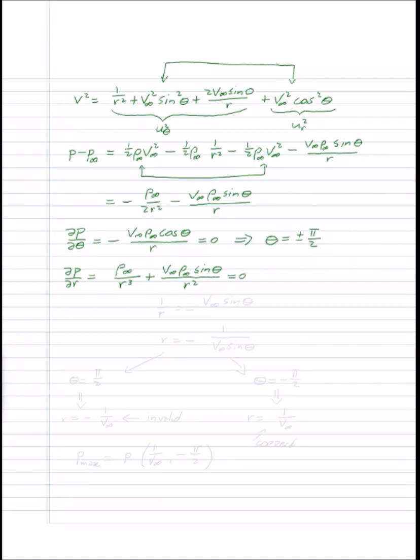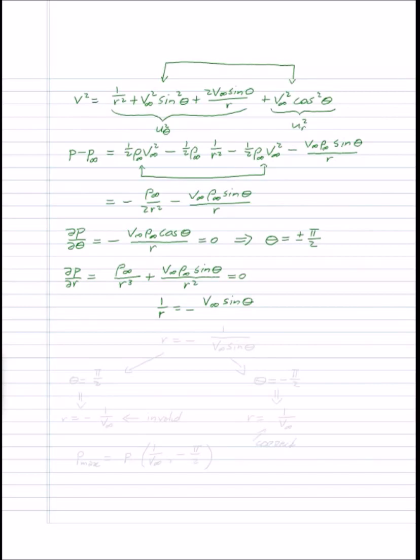So we need to solve for that equation. So we can pre-multiply times r squared on both sides, and we can get rid of the rho's. So if we can get rid of rho, we're going to get 1 divided by r from the first term, which must be equal to minus v infinity times the sinus of theta.